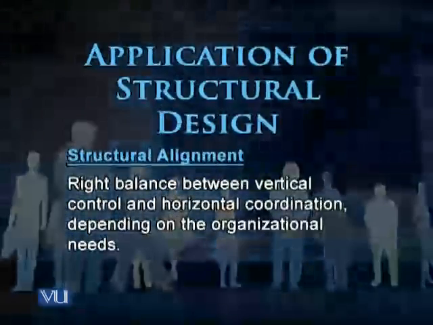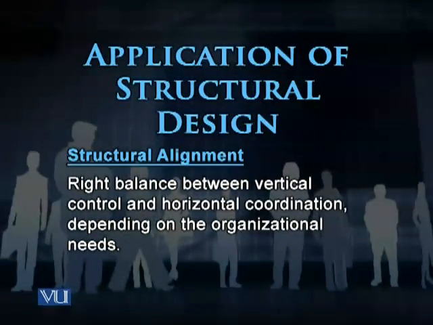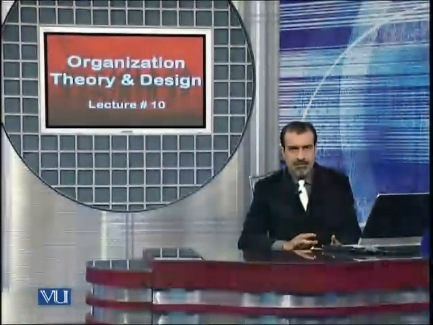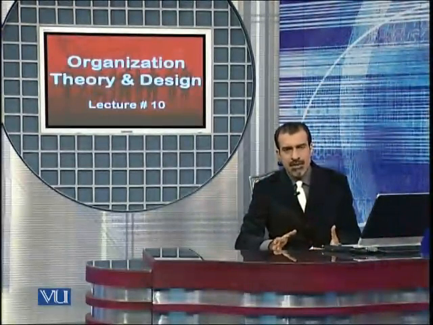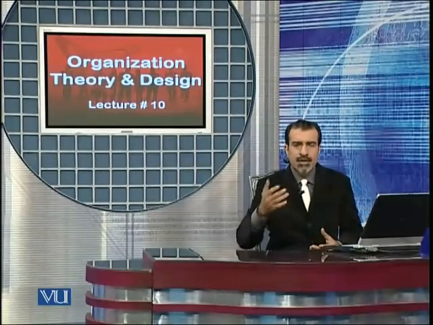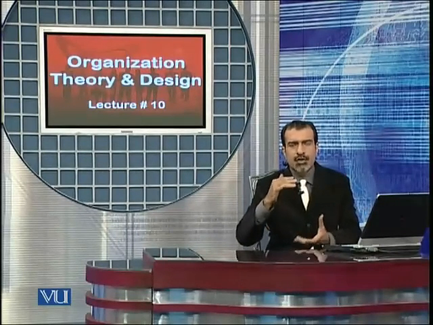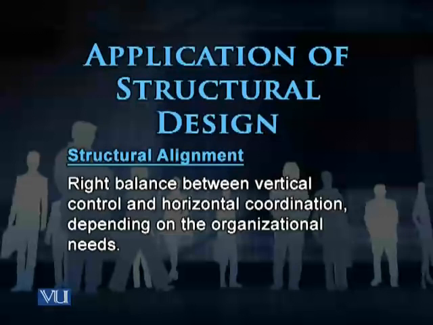If managers can pick the right combination between vertical control and horizontal coordination, which obviously will depend on their organizational needs, if they need more horizontal coordination, they will design a more horizontal organization. If they need more vertical control, they will design a taller organization. So, depending on their organizational needs, they will form a balance between vertical control and horizontal coordination, which means they will do their structural alignment.